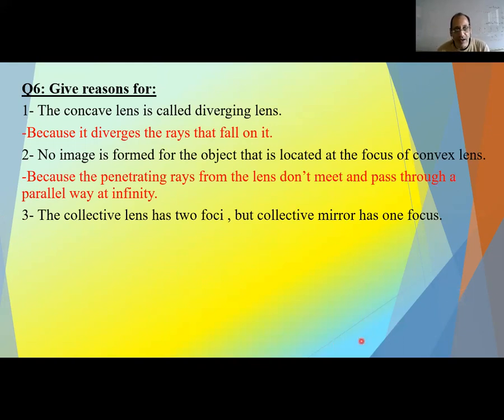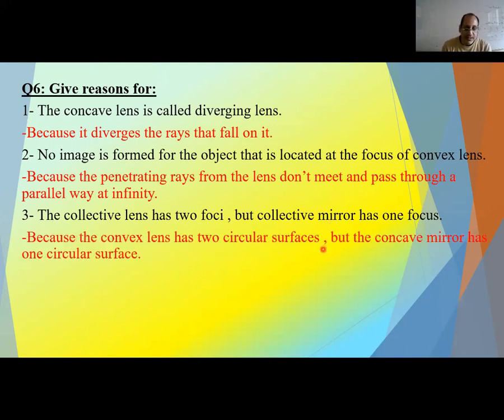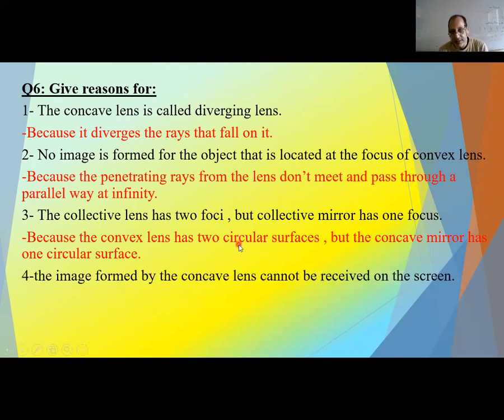The collective lens has two foci, but collective mirror has one focus. Of course, here the two surfaces are a piece or a part of two spheres, whereas for the mirror only one sphere. Convex has two circular surfaces, part of two spheres, but the concave mirror has one circular surface, or one sphere, part of one sphere.